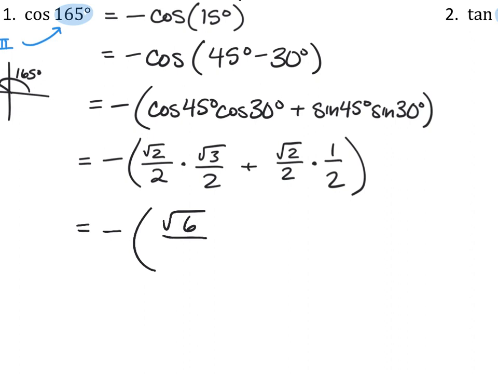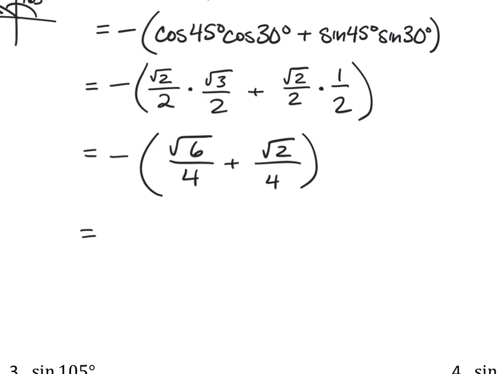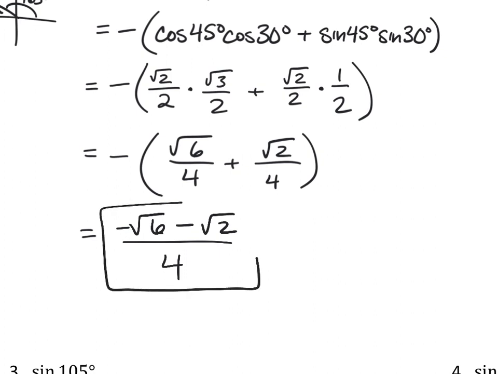And then fraction rules are top times top, bottom times bottom, so this is 4, plus square root of 2 times 1, which is square root 2, over 4. Now just to clean this problem up, I like to write my answers as one fraction. Since they have a common denominator, I feel like that's simpler. So with this common denominator of 4, this would be negative square root 6 minus square root 2. I distributed the negative 1 at the same time.